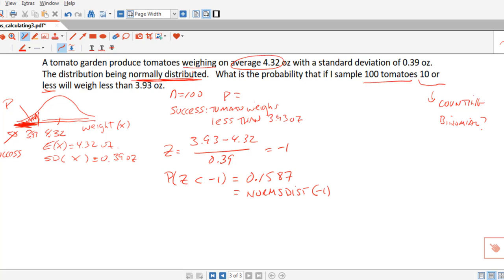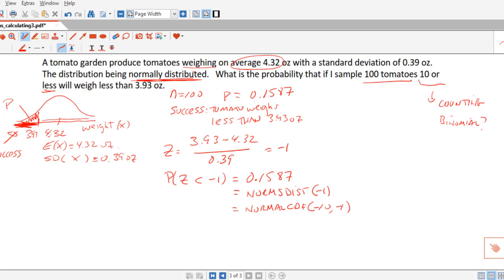If I happen to have a TI-83, I believe the command is normal CDF, and -10, -1 would give you that same value. So great. So now I have the probability of success is this.